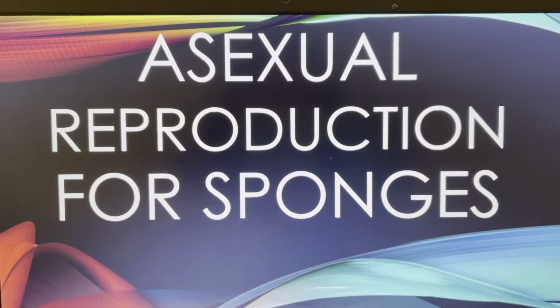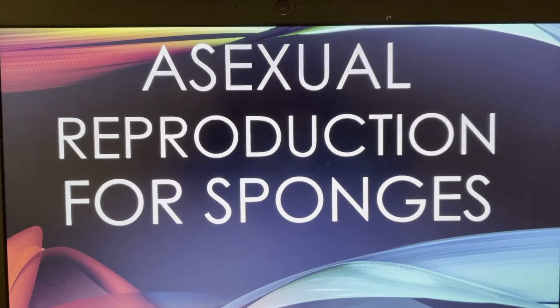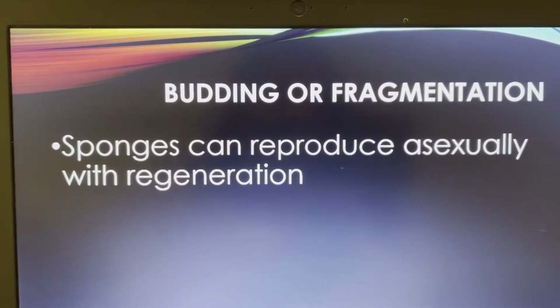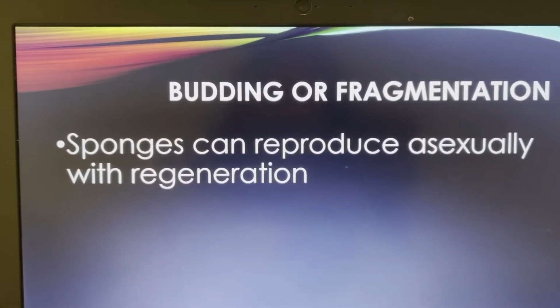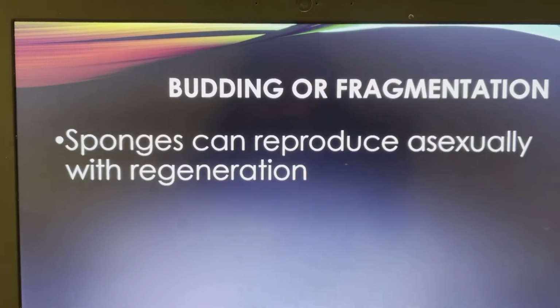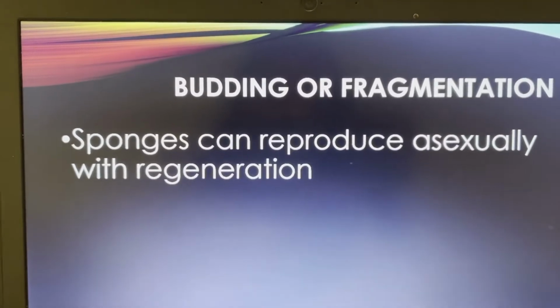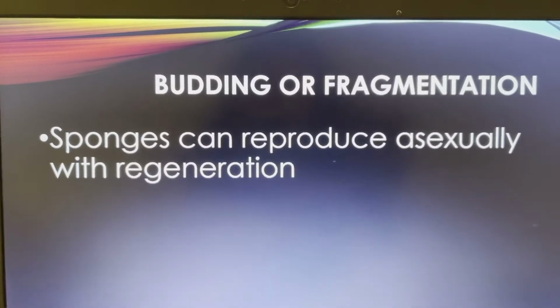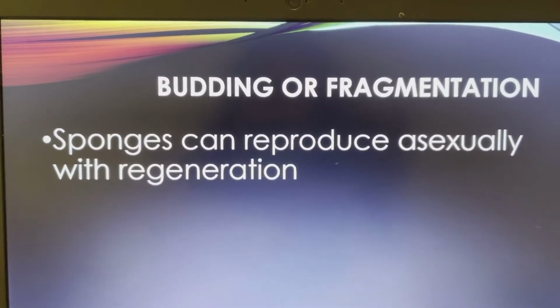Asexual reproduction for sponges. So, budding or fragmentation. Sponges can reproduce asexually with regeneration. When you say asexually, the "a" means no sex or sexual gametes.